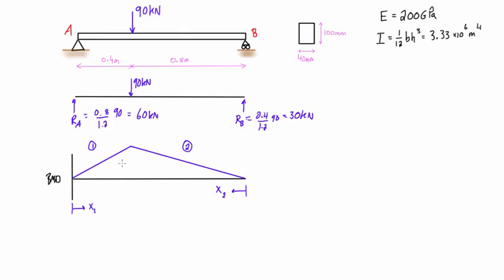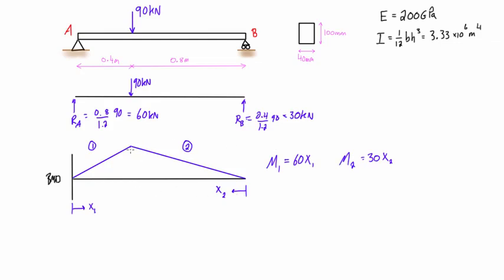So when we look at the moment in section 1, the shear here is going to be 60 kilonewtons, so the moment as we travel along will be 60 times x1. And then in region 2, moment 2 is going to be 30 times x2. That's the moment as we go this way from the right-hand side.